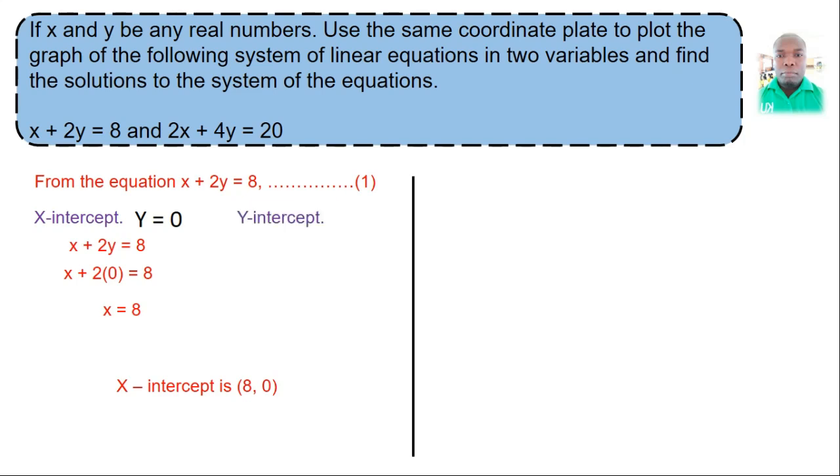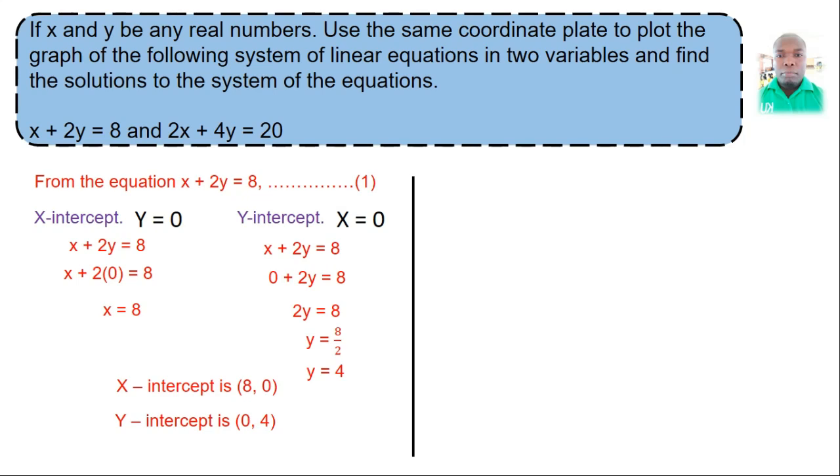Let's get the y-intercept. For the y-intercept, we will write 0 instead of x. Therefore, we have 0 plus 2y equals 8, and 2y equals 8. This means that y equals 4. Therefore, the y-intercept is (0, 4).